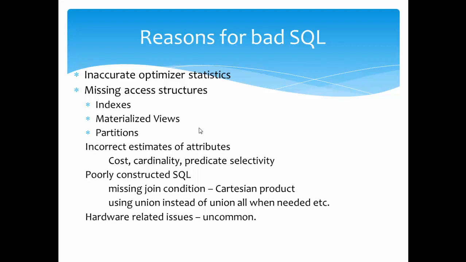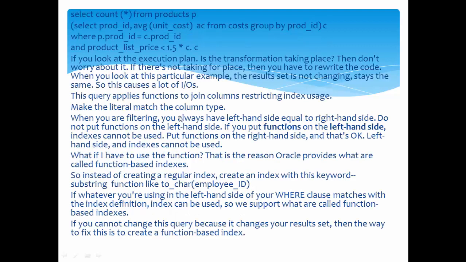Hardware related issues are very uncommon. If you look at this select statement: select count asterisk from products P, select prod ID, average unit cost, alias AC from cost group by prod ID, where P dot prod ID equal to C dot prod ID, and product list less than 1.5 into asterisk CC.